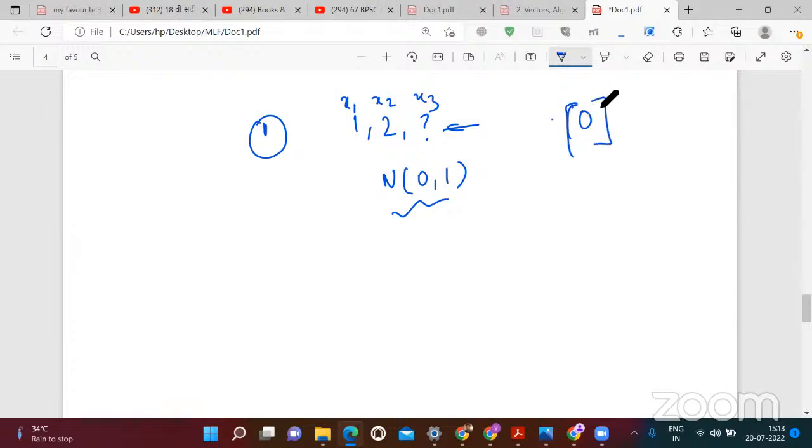If you have not been given the third data point, but you have been told where the data is coming from, you can say the expected value can be 0, because the distribution has an expected value of 0 and a variance of 1. So you can say directly this is coming from 0.